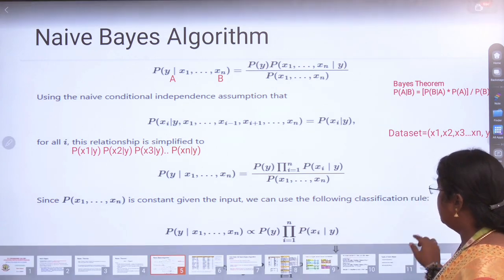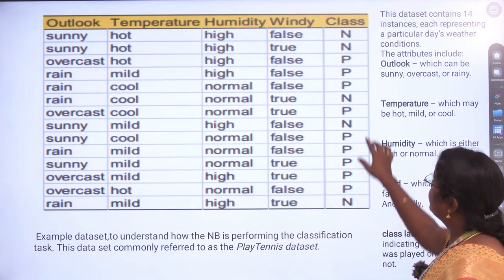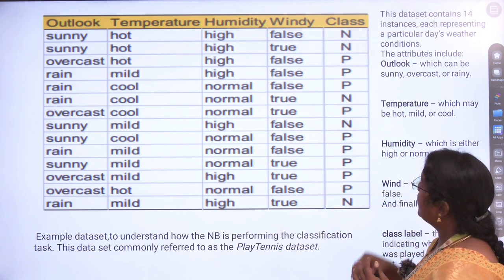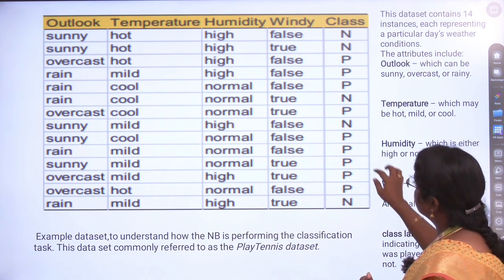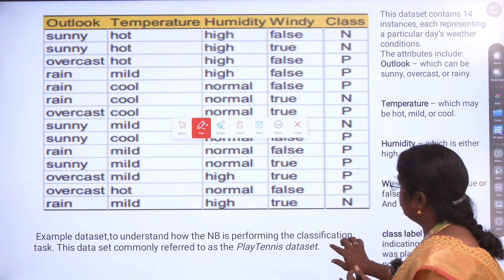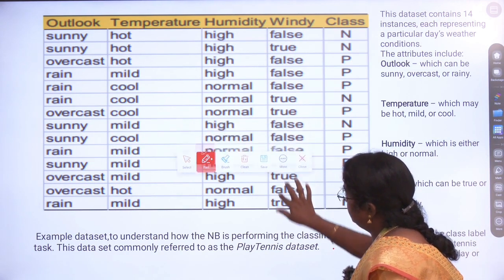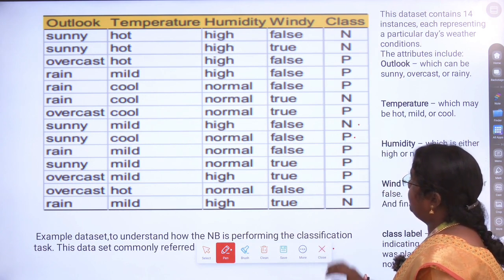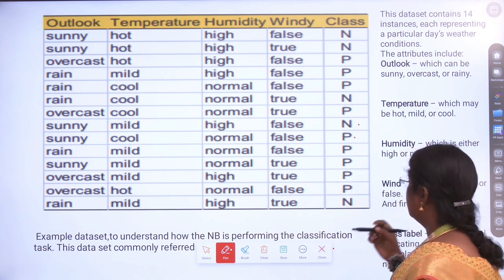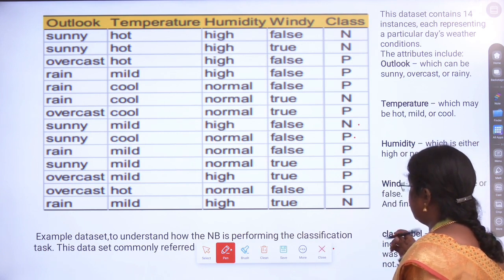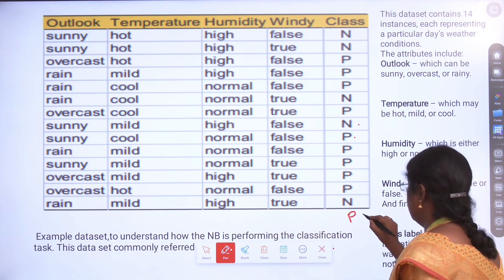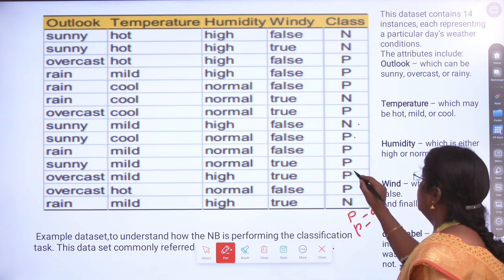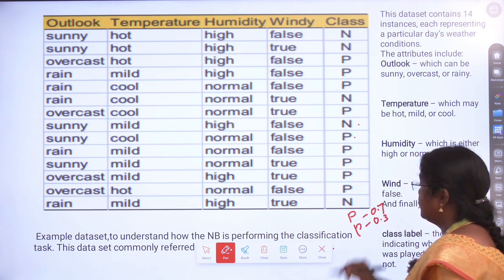For example, in the next slide we have an output class, right? In this we have 2 categories, present and not present, right? Suppose the probability of the present class is 0.7. The probability of the not present class is 0.3.